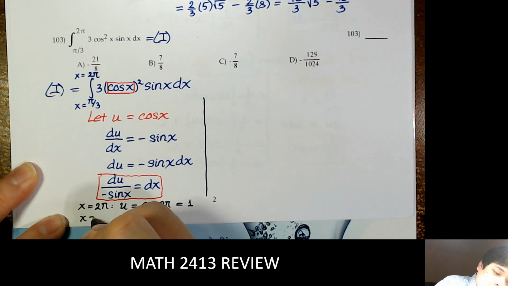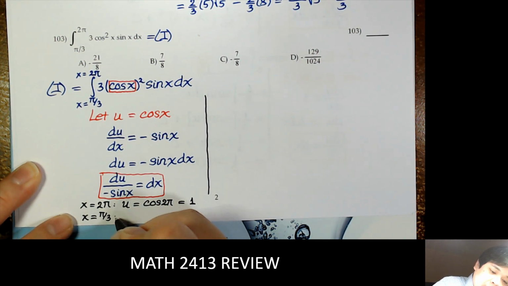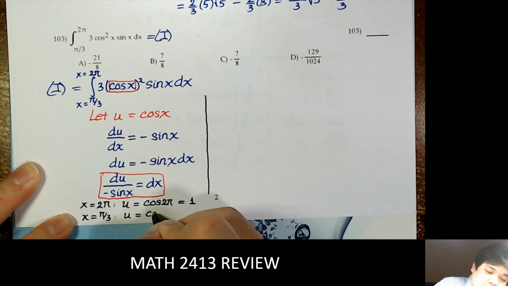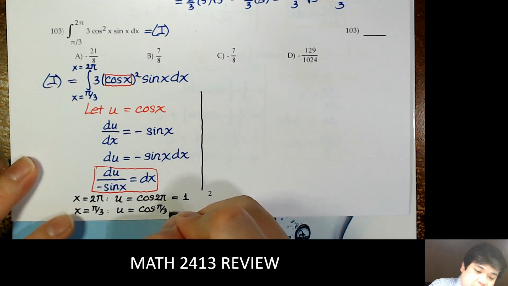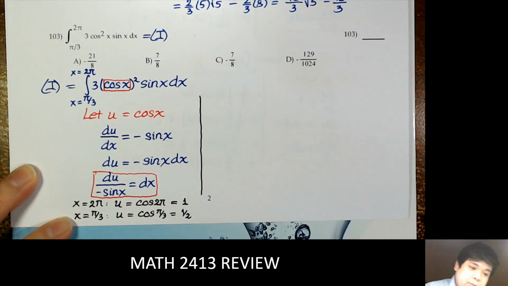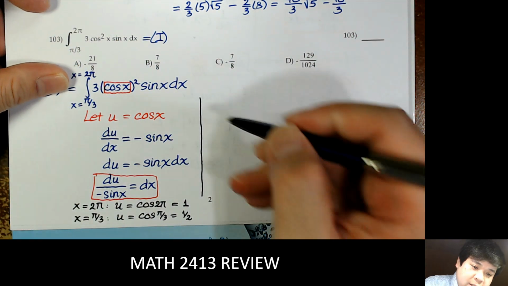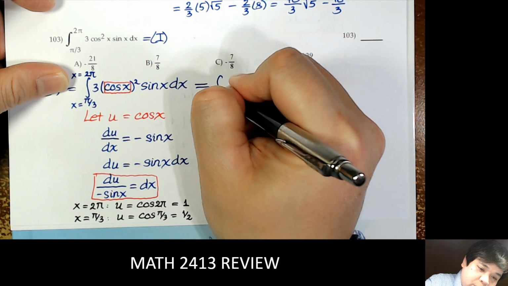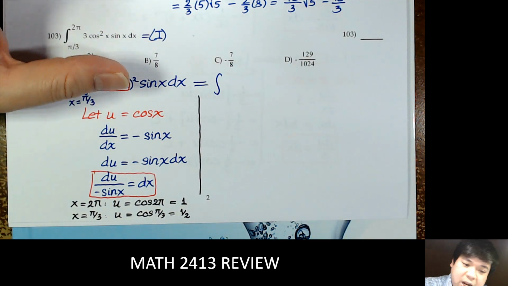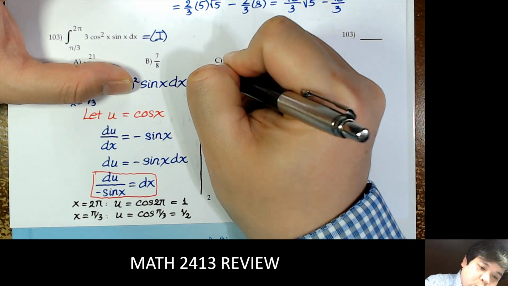And then when x equal to pi over 3, u equal to cosine of pi over 3. Cosine of pi over 3 is 1/2. Right. So we change the limit from x to u. And that definite integral becomes, the limit now is u is 1/2 to u equal to 1.